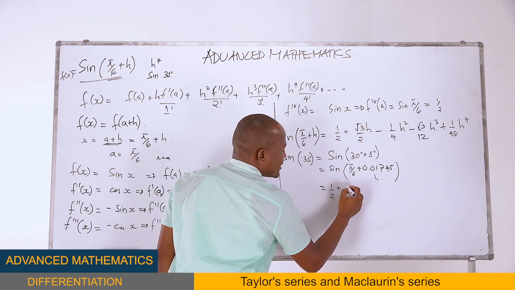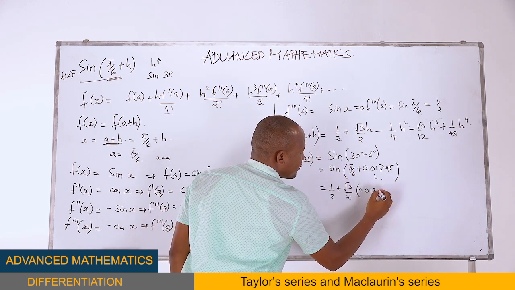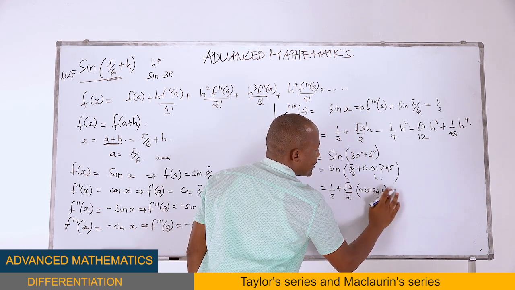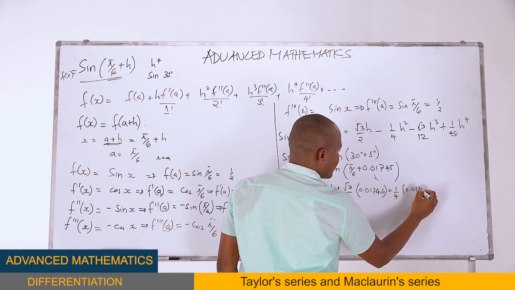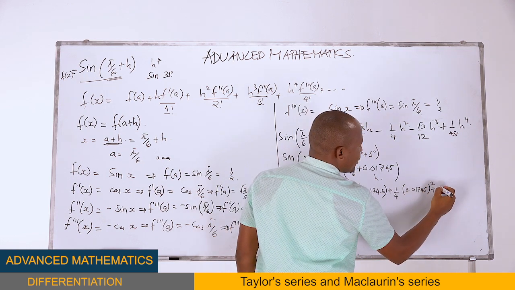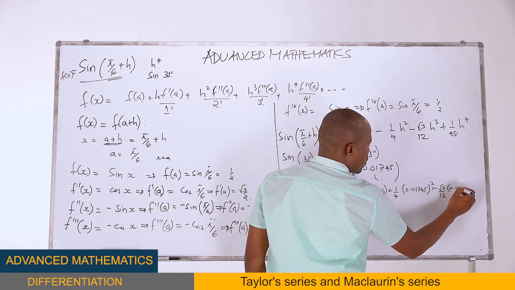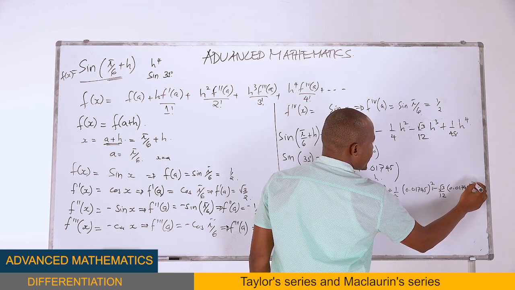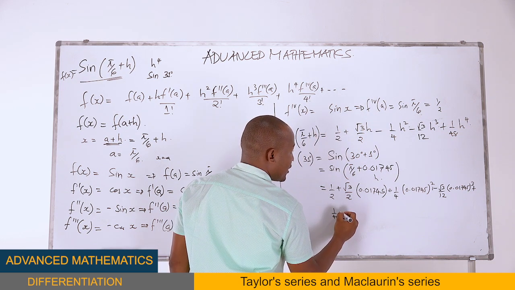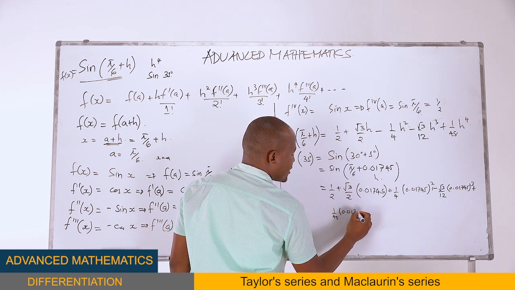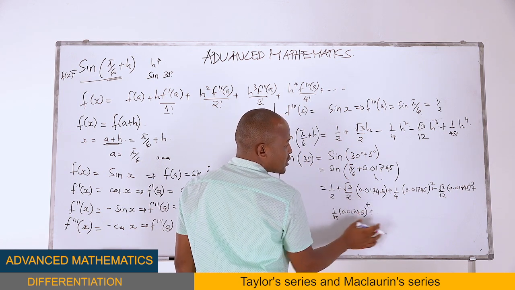We have a half plus 0.01745 minus 1 over 4 times 0.01745 squared, then minus root 3 over 12 times 0.01745, then plus 1 over 48 times 0.01745 raised to 4. So this is how it will look.